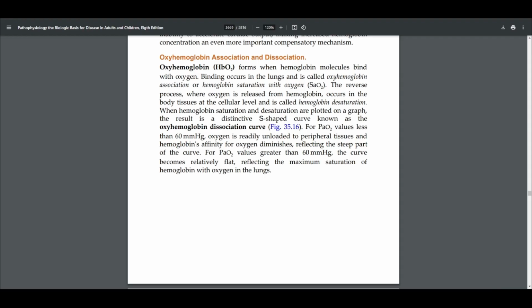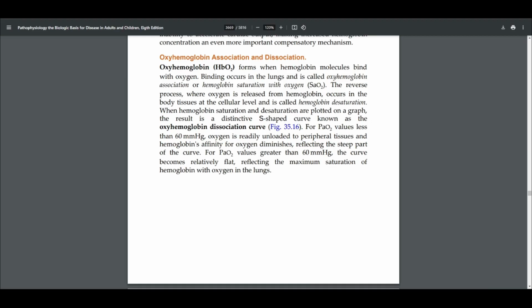The reverse process, where oxygen is released from hemoglobin, occurs in the body tissues at a cellular level and is called hemoglobin desaturation. When hemoglobin saturation and desaturation are plotted on a graph, the result is a distinct S-shaped curve known as the oxyhemoglobin dissociation curve.